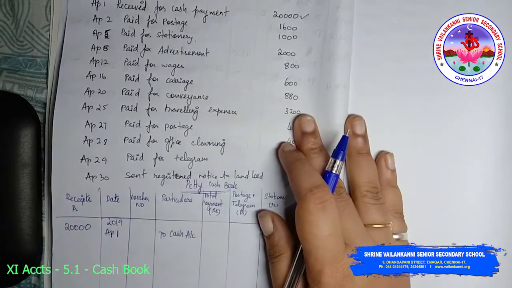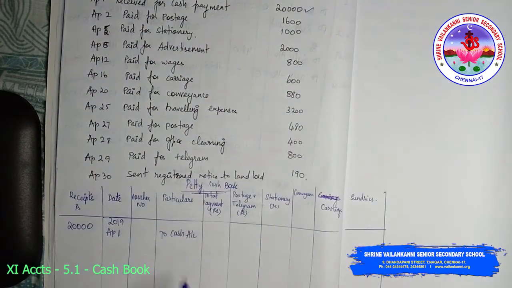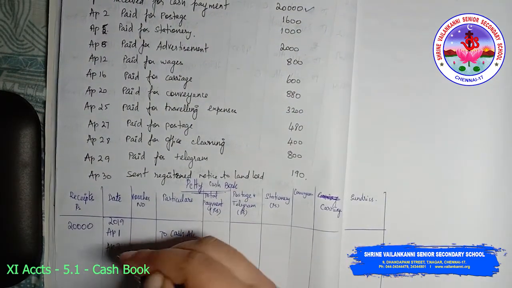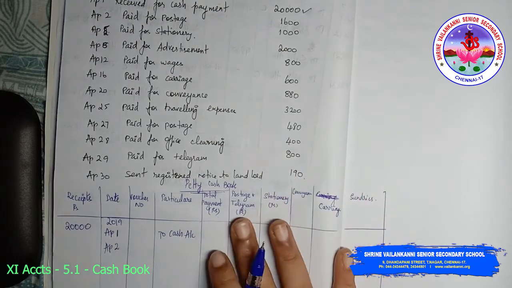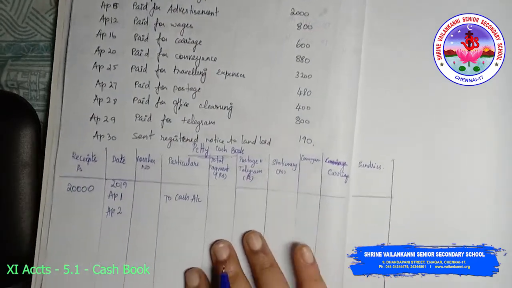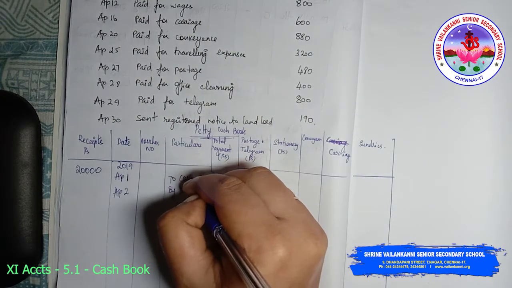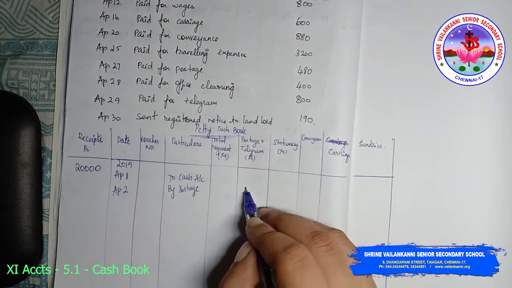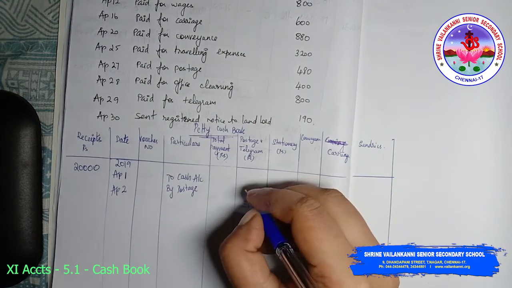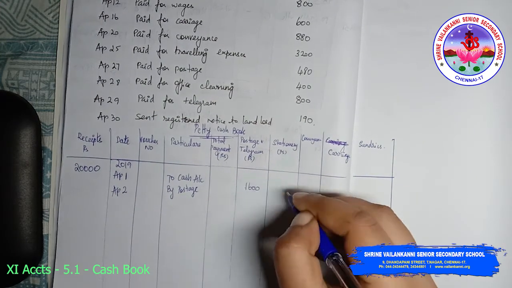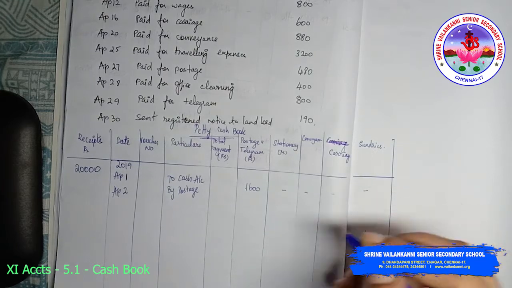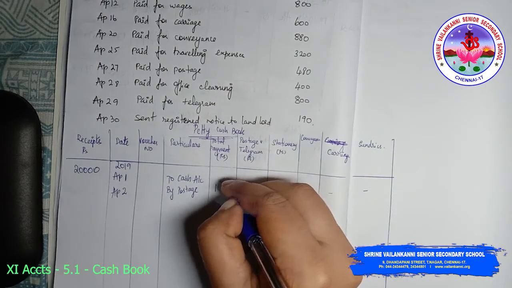Next, whatever the payments are, you write them below. April 2, paid for postage. You write by postage. Across postage and telegram you write 1600, others will be nil, so total 1600.